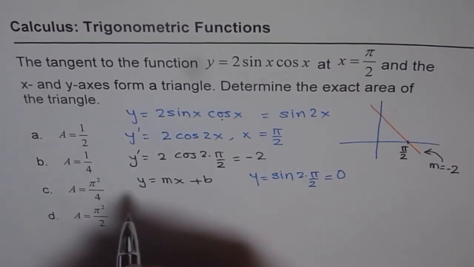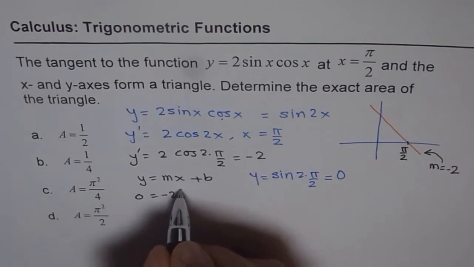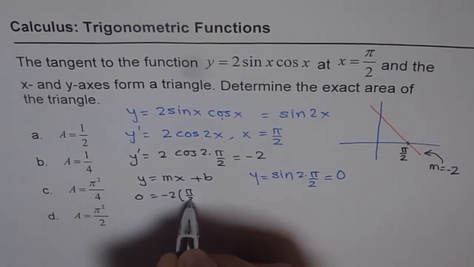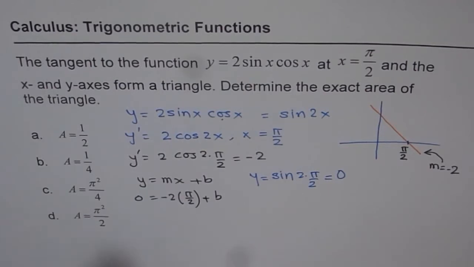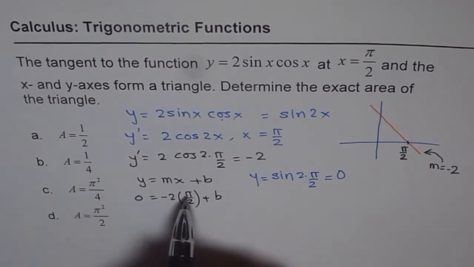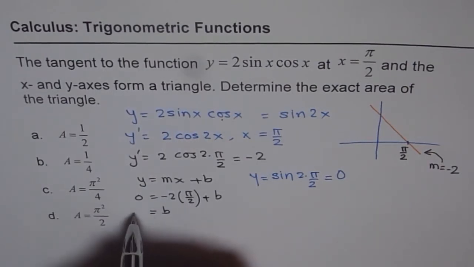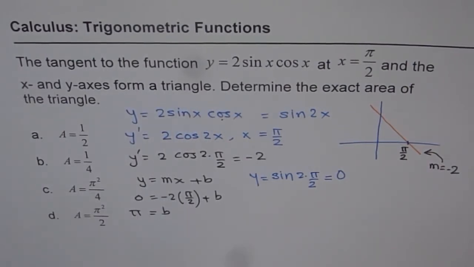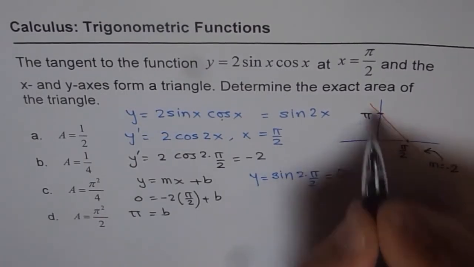So for y equals 0, m equals minus 2, x equals pi by 2, we need to find the y-intercept b, right? So 2 and 2 cancel, we get minus pi, and from here we get b equals pi. So that is the value of b, and b is your y-intercept. So we get the y-intercept, which is pi.